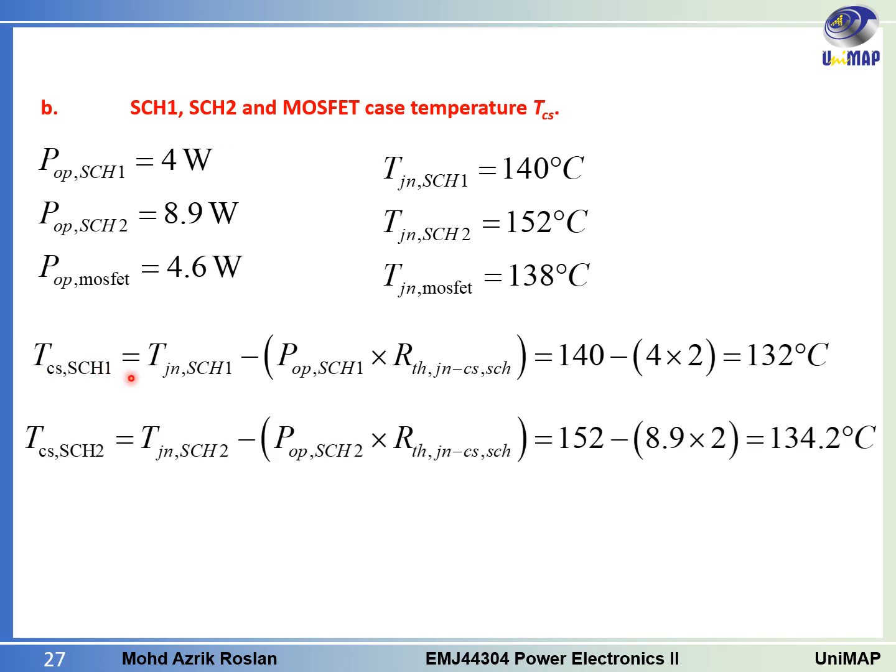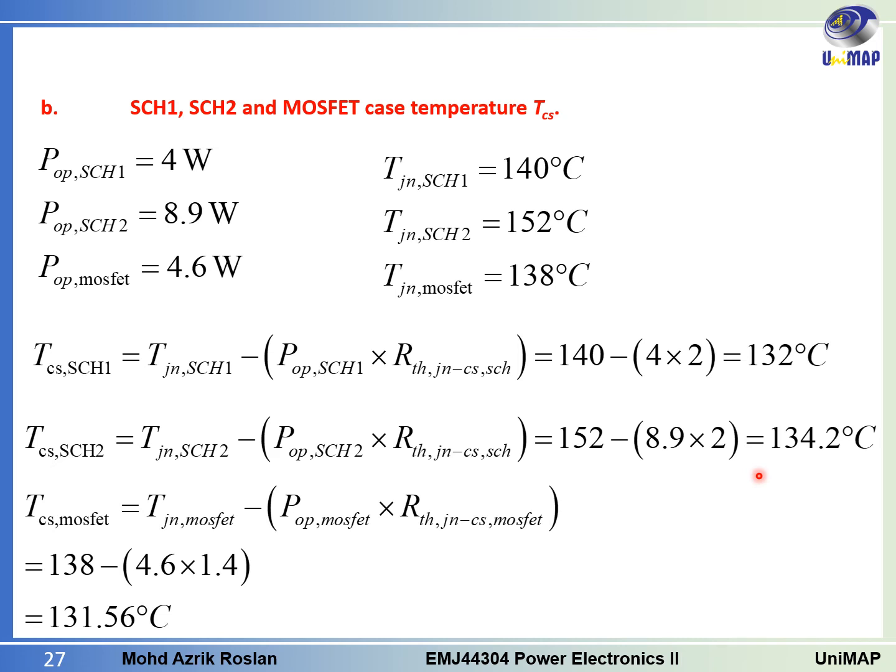For Schottky 2, the same procedure. You use the junction temperature for Schottky 2 minus the power dissipated multiplied by Rth junction to case. Then the case temperature for Schottky 2 is 134.2 degrees C. And finally, for the Mosfet, the same procedure.